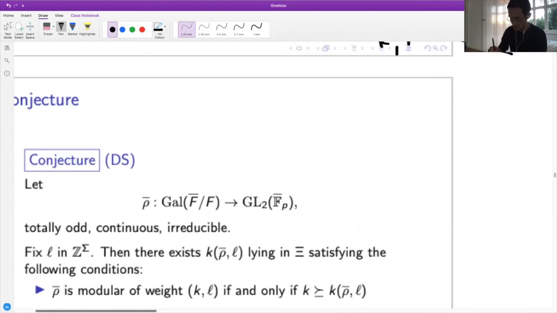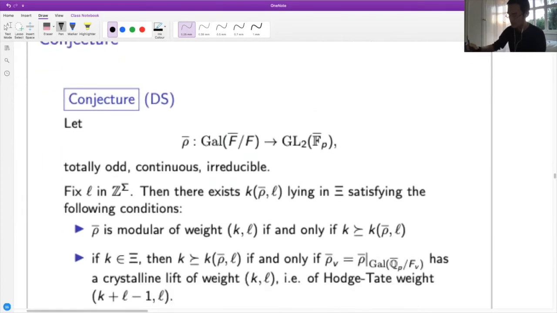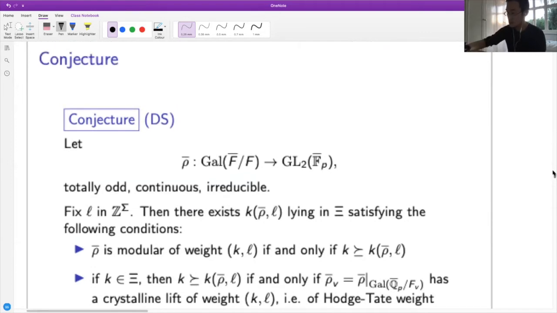So here's the conjecture that I'm formulating now. Let me just check the time. Okay, so rho bar is what I'm interested in: a two-dimensional representation of the absolute Galois group of F defined over F_P bar. I assume it is totally odd, continuous, and irreducible. So I'm going to fix L in Z^Sigma, a tuple.